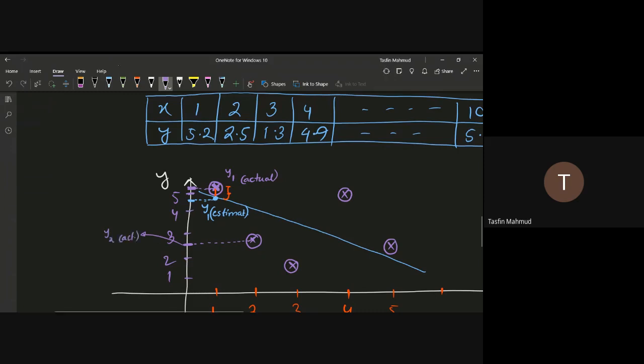And if we want to consider the estimated point, what we have to do is consider a perpendicular at x equals 2. So if we draw a perpendicular at x equals 2, it will intersect on the graph at this point. So this y value would be our y estimated 2. So this point is the y2 estimated.